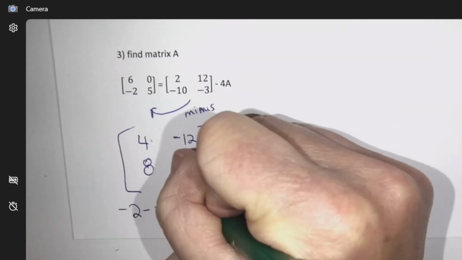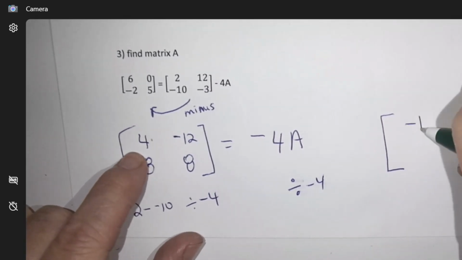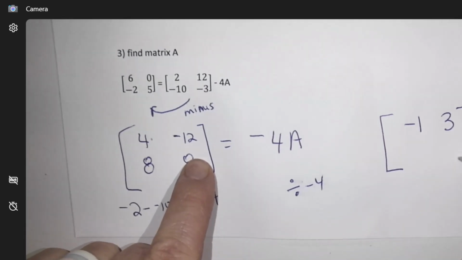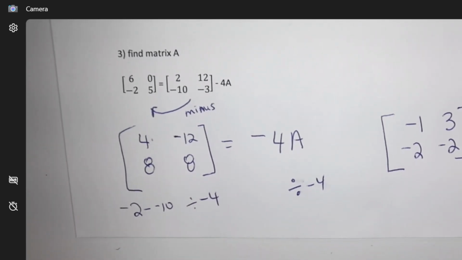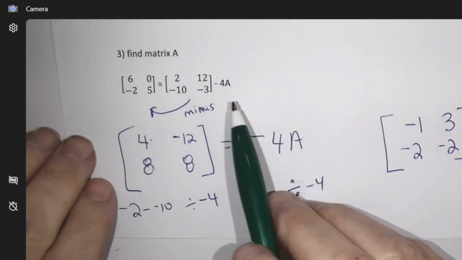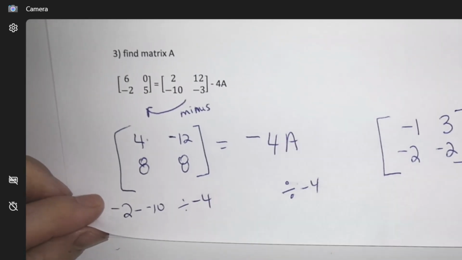Divide both sides by negative 4. Okay, so you're just doing exact algebra steps that you've done in the past, but just with a matrix. So I moved it over and divided. Okay? All right, everybody's favorite.